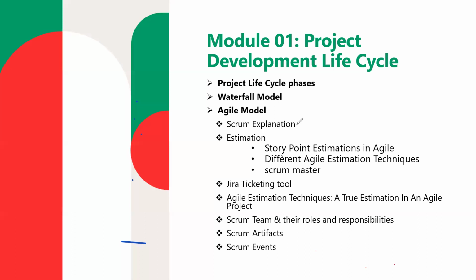Then there are different terminologies, like backlog, story point, story, task, bug. What does this terminology mean? All those things we will explain here. Once you have a task assigned to you, you need to do estimation.